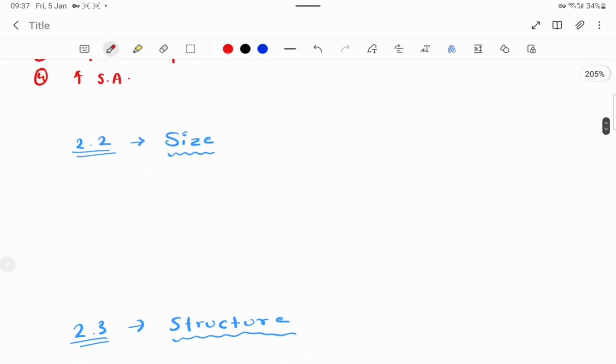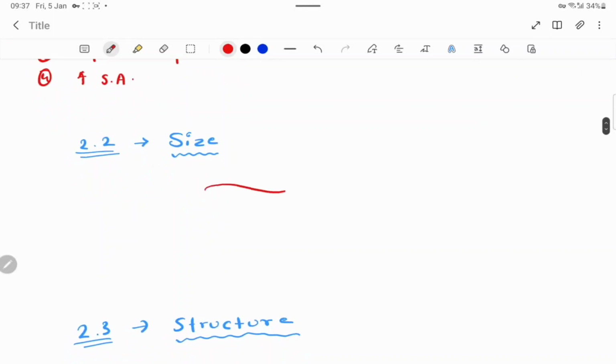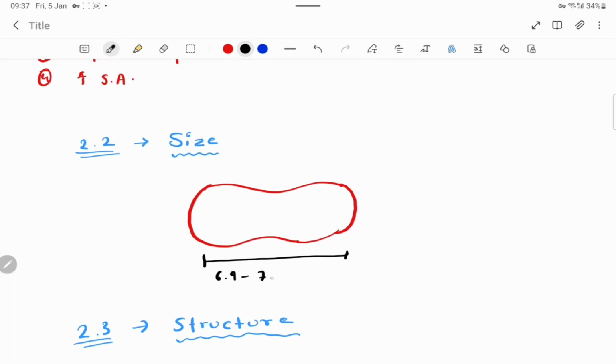The next point is size. So here I'm drawing the section view of RBC. The diameter of RBC is around 6.9 to 7.4 micrometer. The thickness at the periphery is around 2.0 to 2.4 micrometer, and at the center the thickness is around 1.2 to 1.5 micrometer.